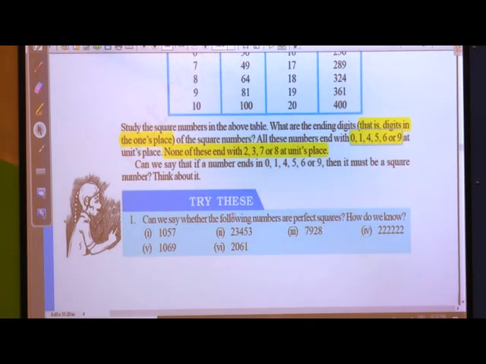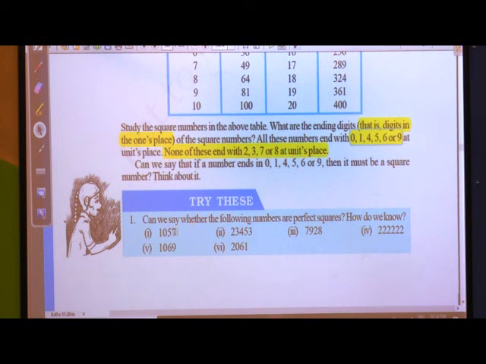Now, there is a small activity here. Try these. Can we say whether the following numbers are perfect squares? How do we know? If the number is ending with 2, 3, 7 or 8, they are not perfect squares.